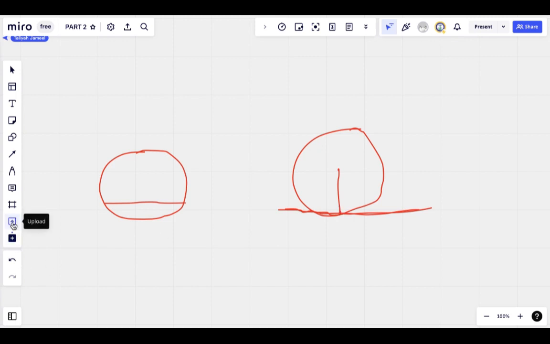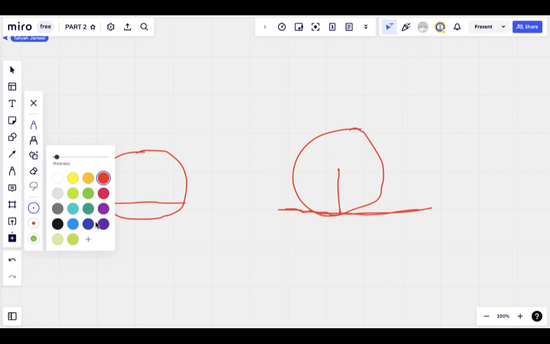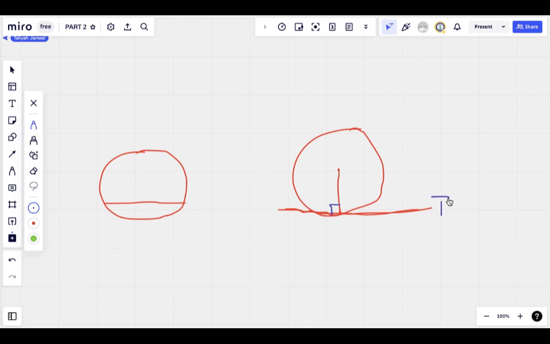Is that okay? Let me take another color. Here becomes 90 degrees. So this is a tangent. This line is a tangential line. When a tangential line meets with a radius, it makes 90 degrees.